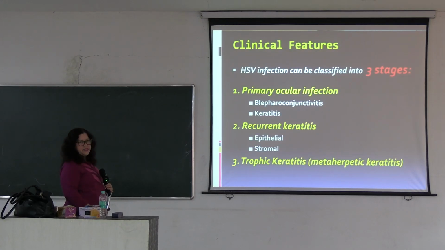Then the clinical features of herpes simplex virus keratitis are divided into three groups. First is the primary ocular infection, second is recurrent keratitis, and third is trophic keratitis or metaherpetic keratitis.